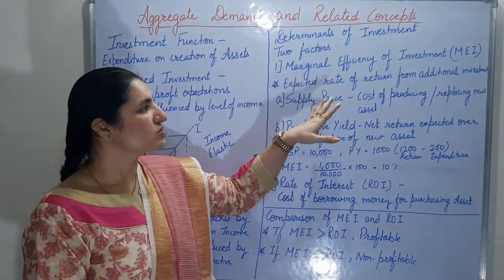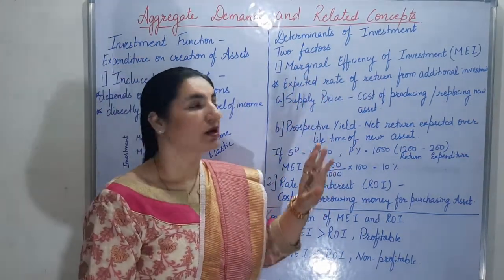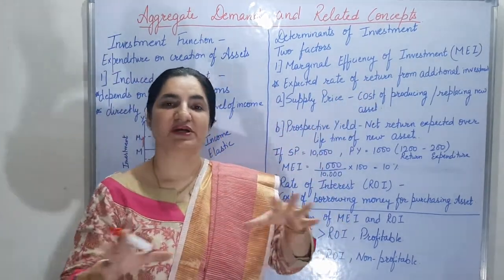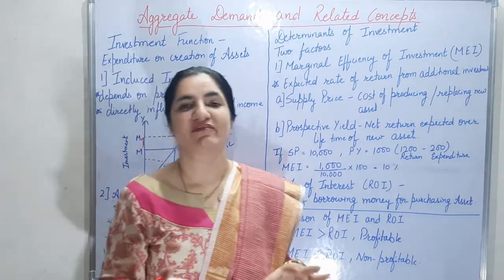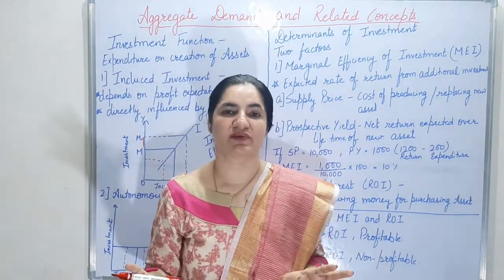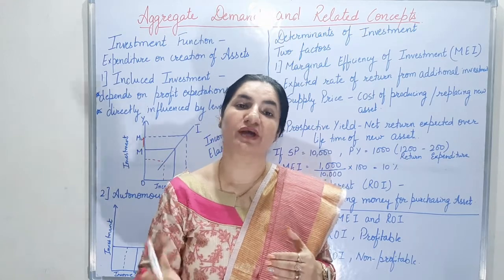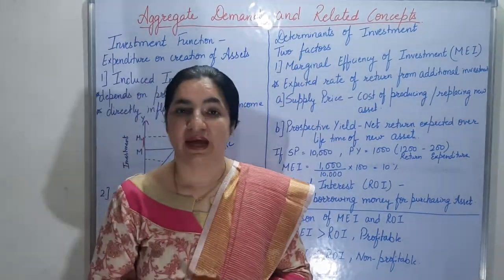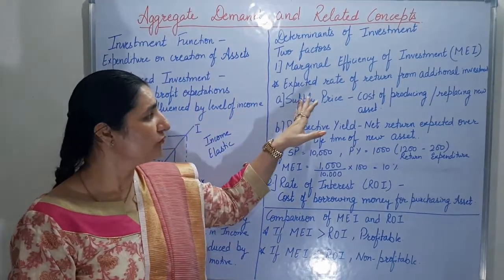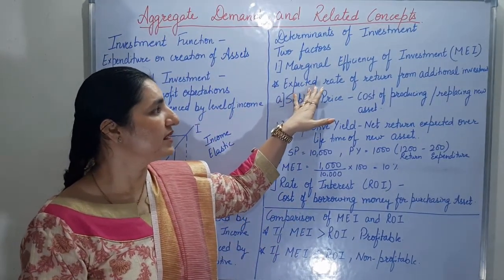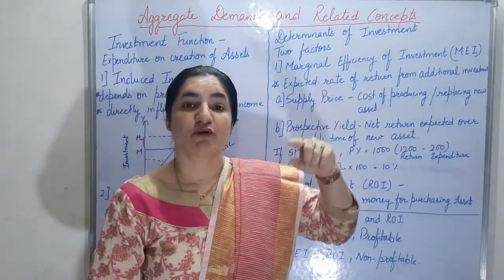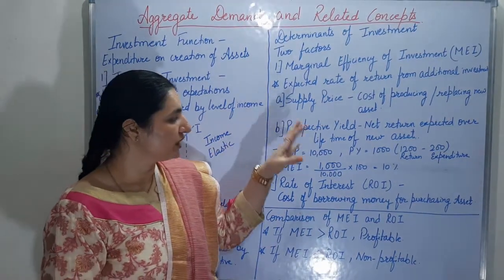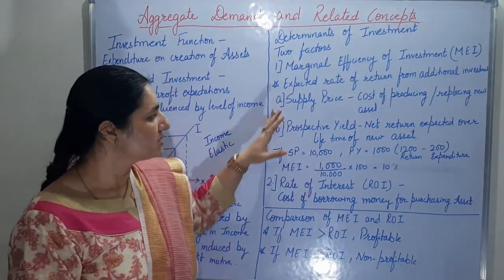The expected rate of return from additional investment means investment is already done. There is no economy or firm with 0% investment, so we are talking about the additional investment. This is the reason the word marginal is added here. So when we find the expected rate of return from the additional investment we are going to make now, it has two factors.